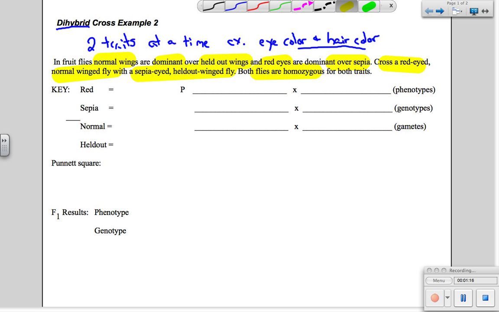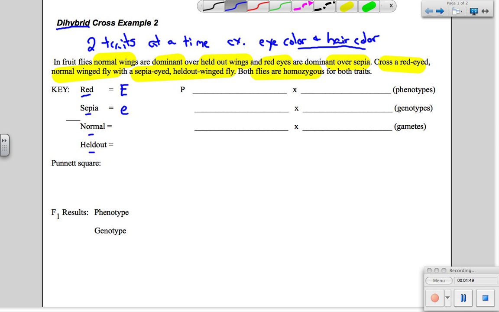Whenever we go out to set about solving a problem like this, let's go through our basic steps. Step 1, establish our key. Here we have the phenotypes, the physical expressions of the traits I'm interested in. Red eyes and sepia eyes. I'm talking about eye color, so I'm going to use the letter E. From our problem, we know that red eyes are dominant, so we're going to denote that with the capital letter E. Sepia eyes are recessive, lowercase e.